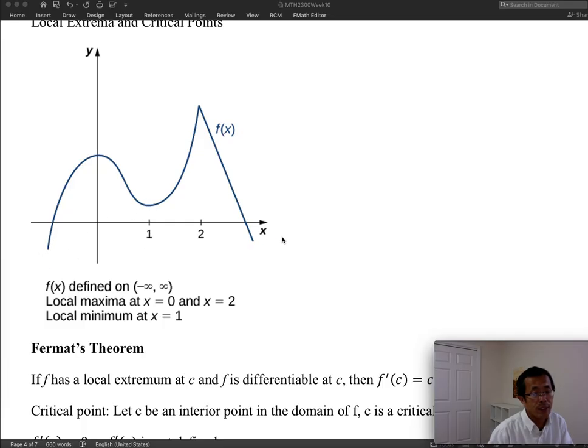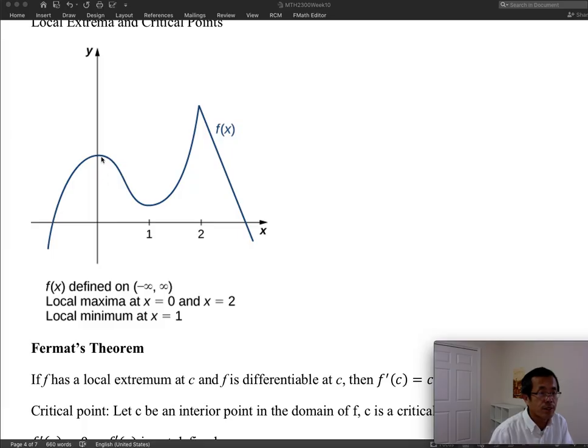Because on this side and the other side, it keeps going down. So in this case, around x equals 1, this is the lowest point, so it is called a local minimum. There's a local minimum at x equals 1.